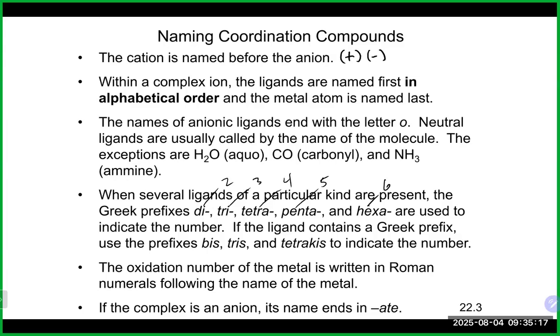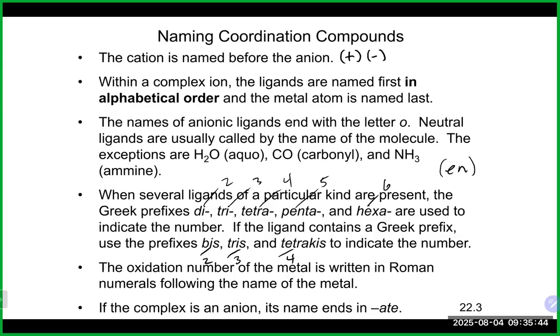Now, to further complicate it, if the ligand itself, in the actual name of the ligand, already contains a prefix, then we use bis, which is for 2, tris, which is for 3, and tetrakis, which is for 4. A very common example would be that en one that we saw earlier.